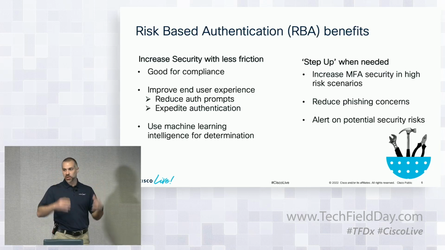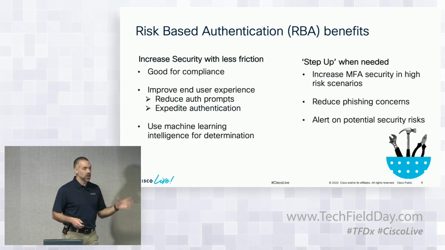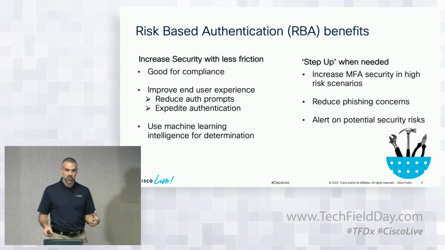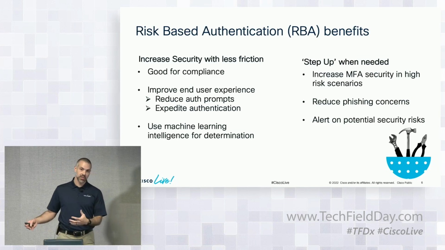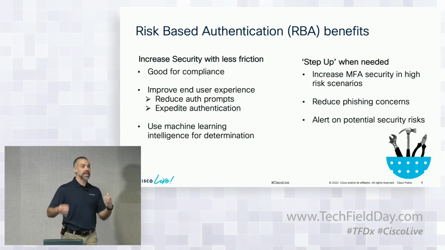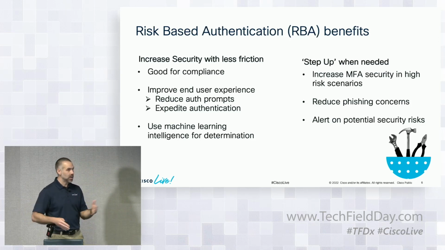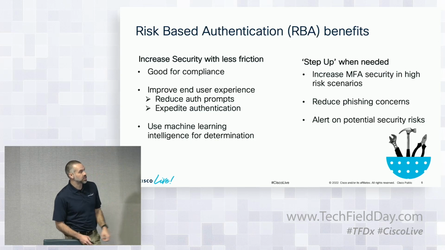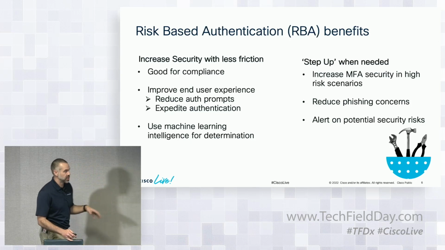That's the number one pillar of Duo Security. Well, if you can use machine learning and intelligence to actually prompt users when it's necessary and expedite them when it's not, now you actually can add friction because it's not friction all the time. It's friction for bad actors, or it's friction for somebody who's maybe unknown yet, right? So that's exactly what we're going to do: increase that security in high risk scenarios.